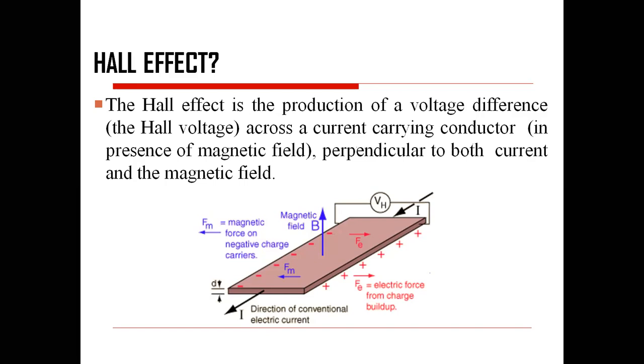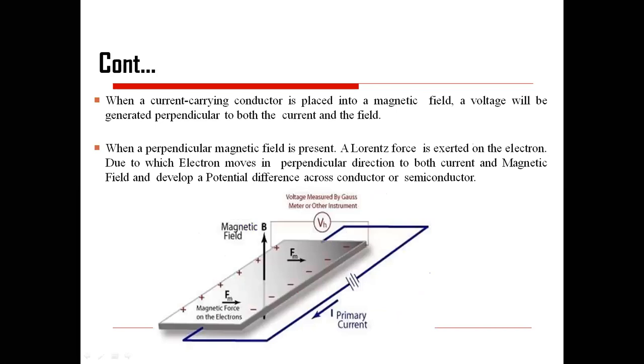When a current-carrying conductor is placed in a magnetic field, depending upon the variation in the magnetic field, a voltage or EMF is generated, and that EMF is proportional to the field across it. So when a current-carrying conductor is placed in a magnetic field, a voltage will be generated perpendicular to both the current and the field.